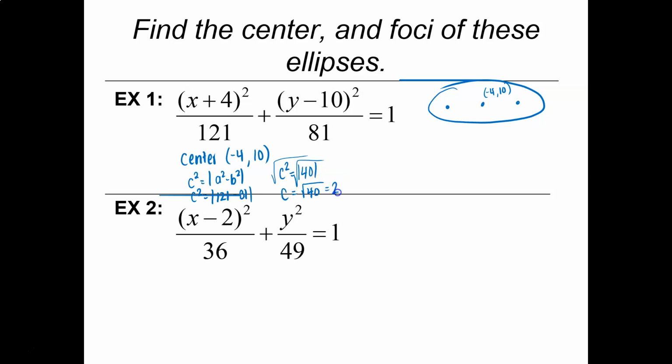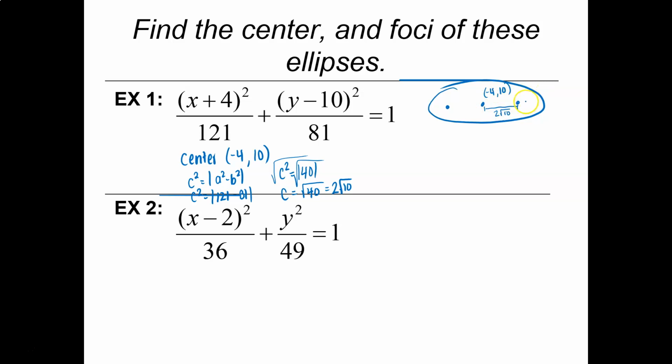We could break that into 2 root 10, right? So we're going to do these just with roots. It could be asked with decimals where you actually get a decimal number, but we're just going to do these with roots. So that means the length from the center to the focus is 2 square root of 10.